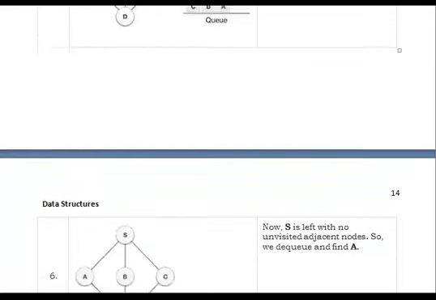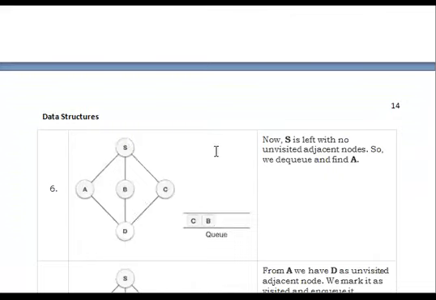Then S is left with no unvisited adjacent node. So we dequeue and find A. From S, only three nodes can be visited, so after the three nodes are enqueued, S is left.